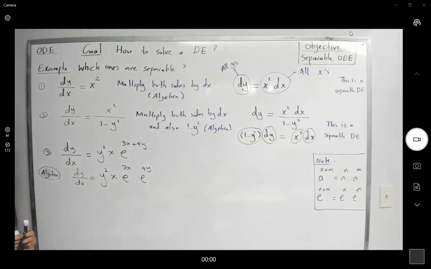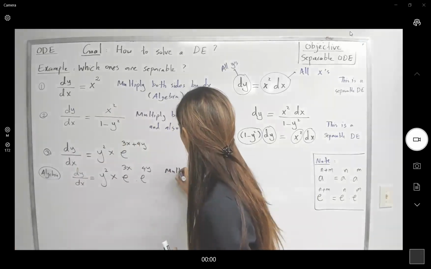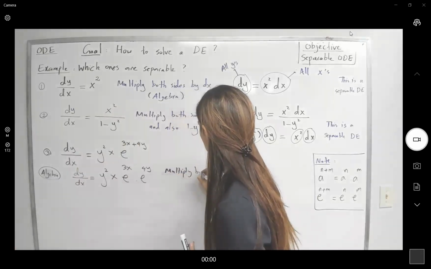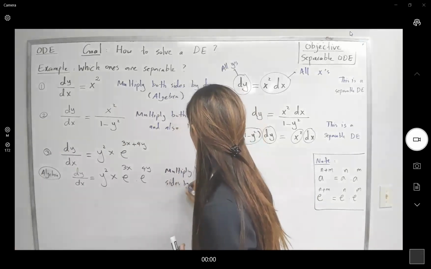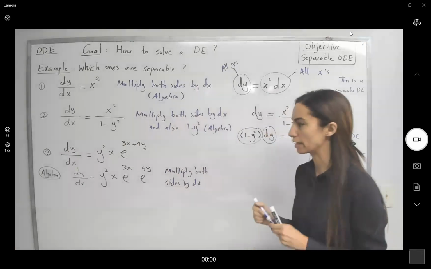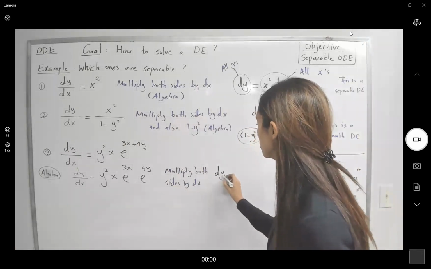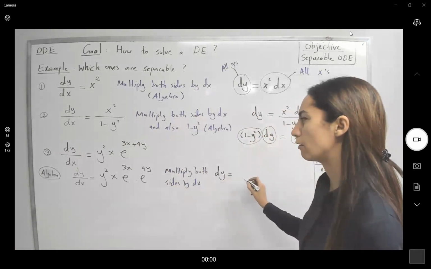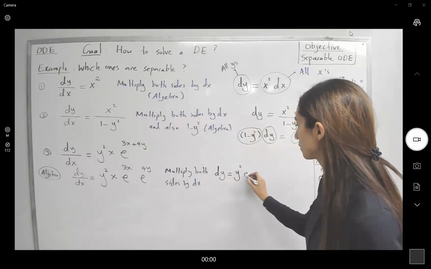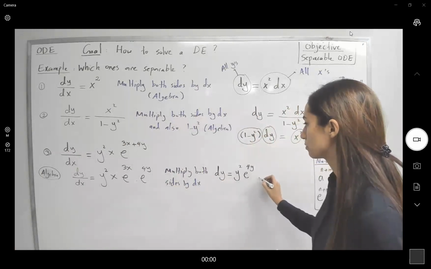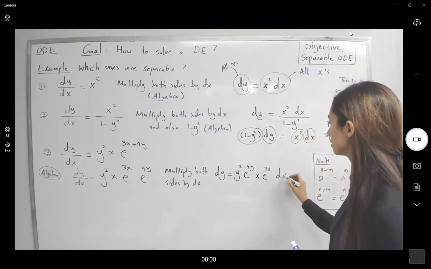Multiply both sides by dx. So you're going to see dy equals y squared e to 4y x e to 3x times dx.